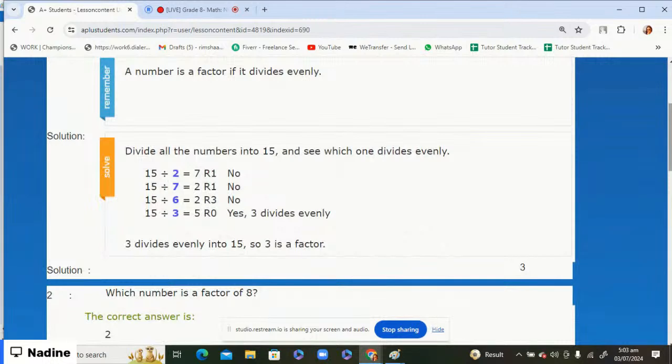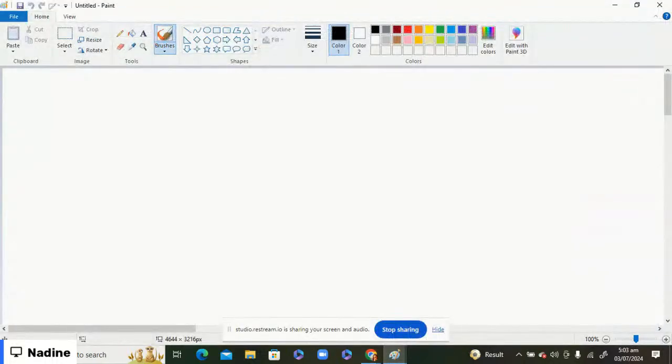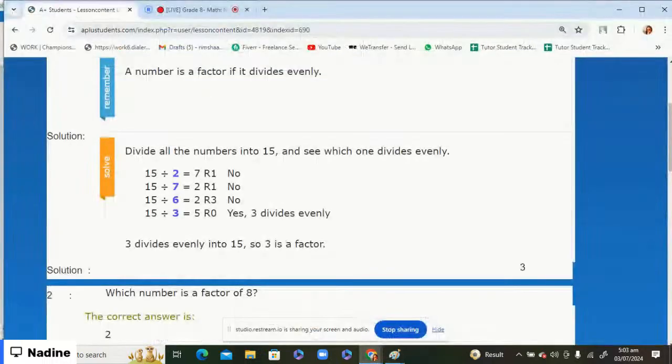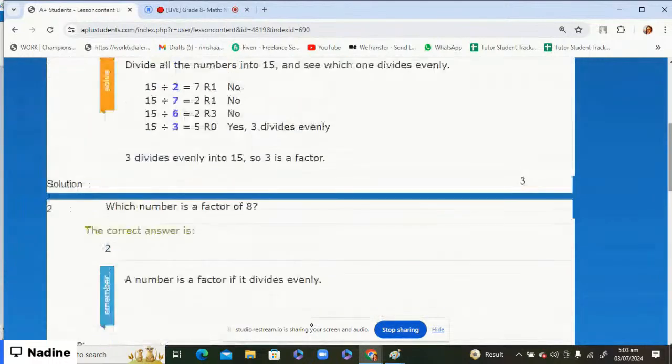As we know, 15 is not a prime number, so it has more than two factors. If you find the factors of 15, we know that 3 times 5 is 15, 5 times 3 is 15. So 3 is a factor of 15, that is the smallest factor.